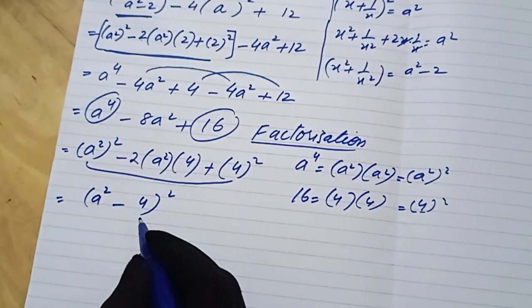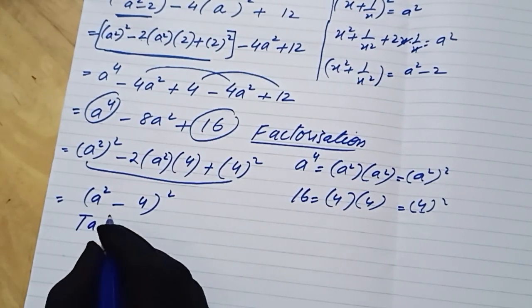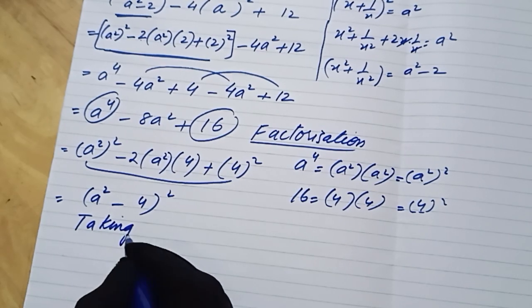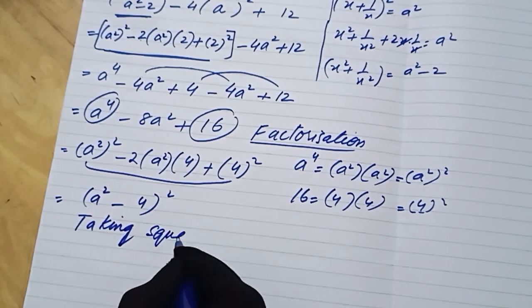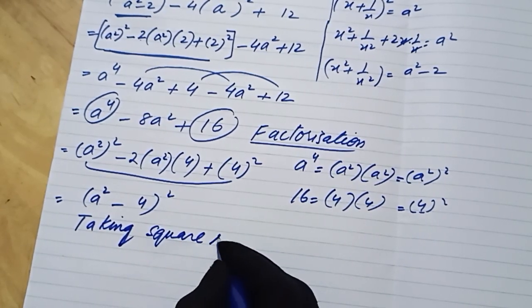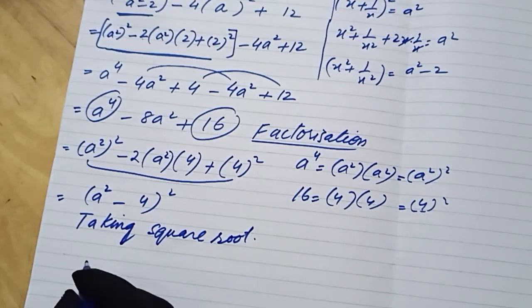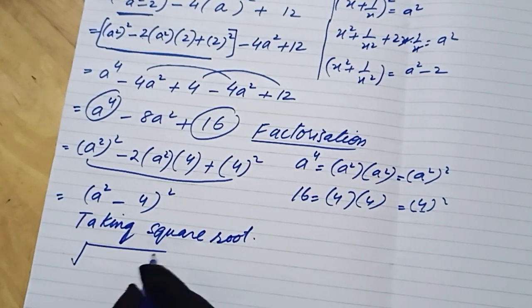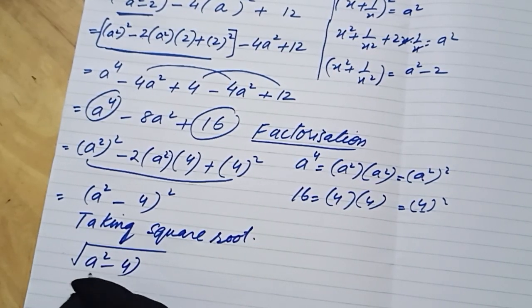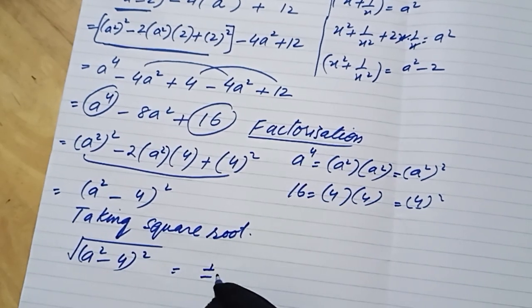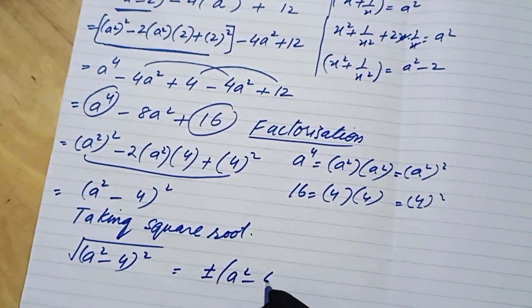Once we find the whole square form, now we will take the square root, which we have to do for every question. Taking the square root, a squared minus 4 whole squared will be equal to plus minus a squared minus 4.